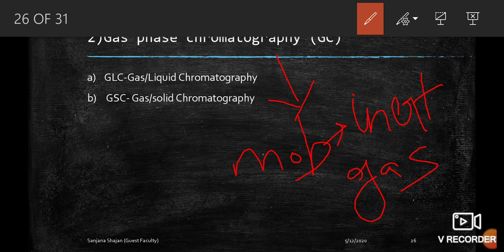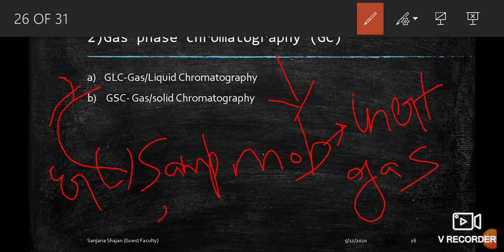In gas liquid chromatography, the mobile phase is an inert gas, and the stationary phase is a liquid immobilized by impregnation or by binding it to the inert surface of the column. This is commonly called just GC, that is gas chromatography. Here you have to bring the sample to a vapor state, you have to evaporate it.